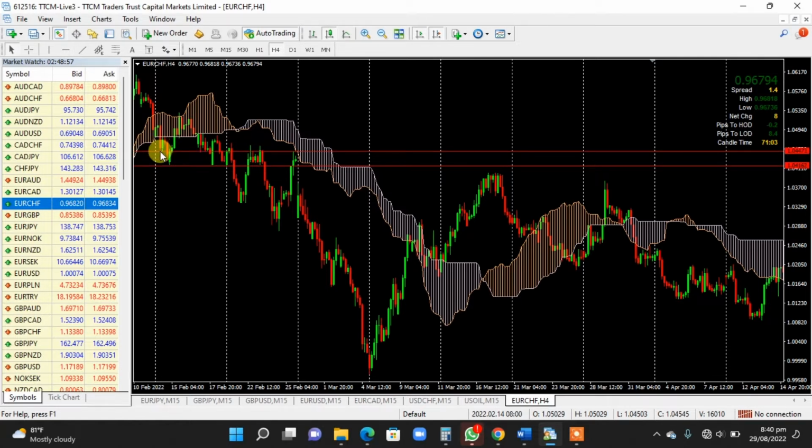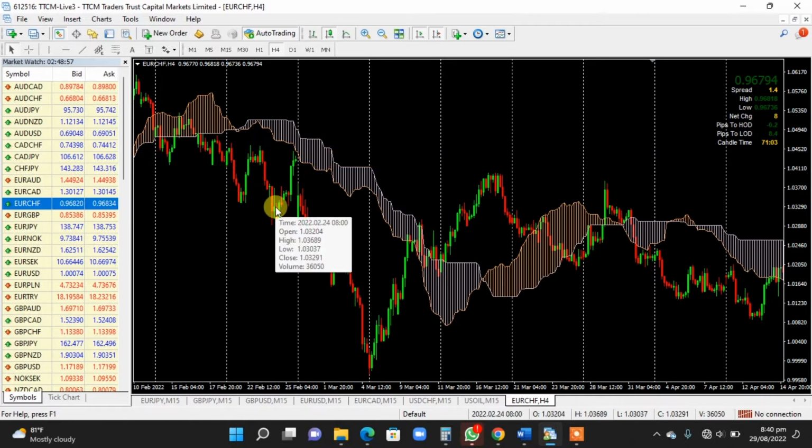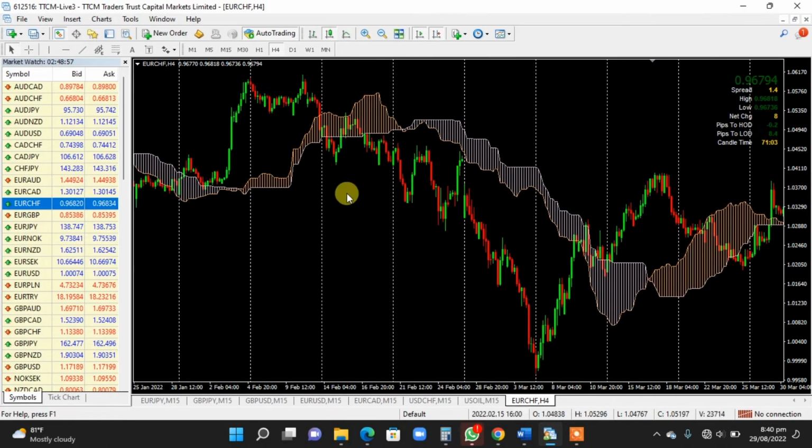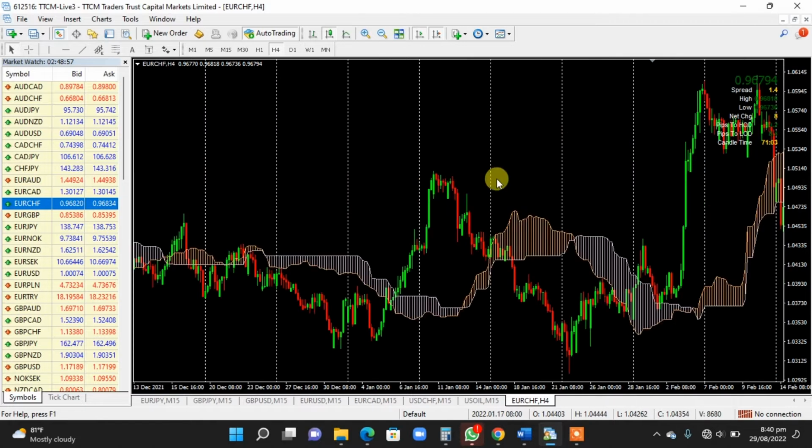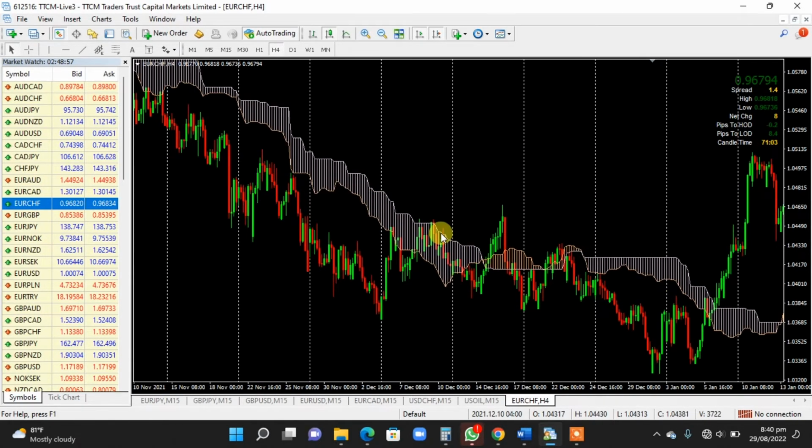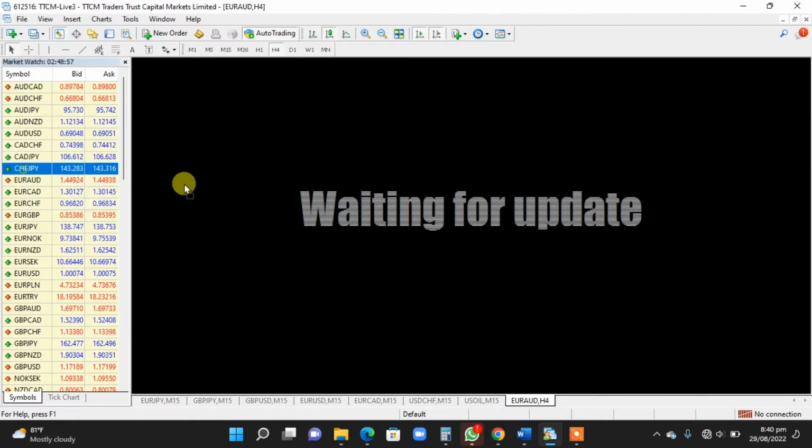The Ichimoku cloud, the Kumo, does a very good job of looking at zones of support and resistance in a very unique way, making trading much easier for anybody trading.